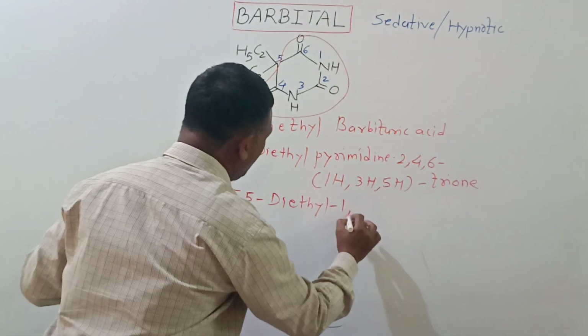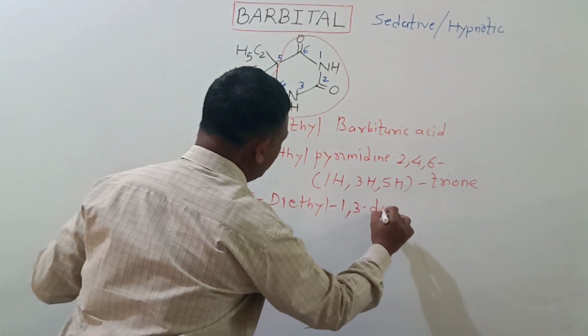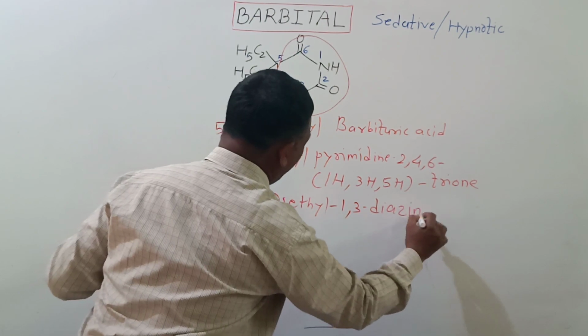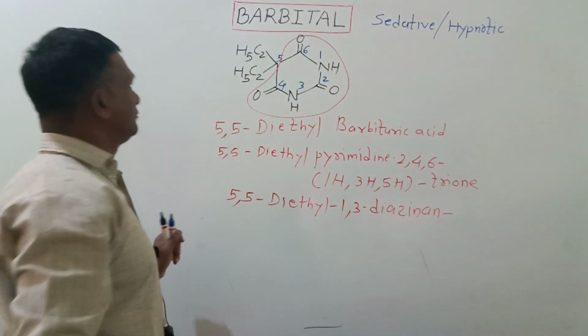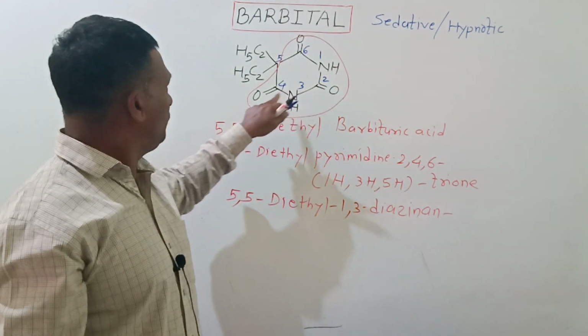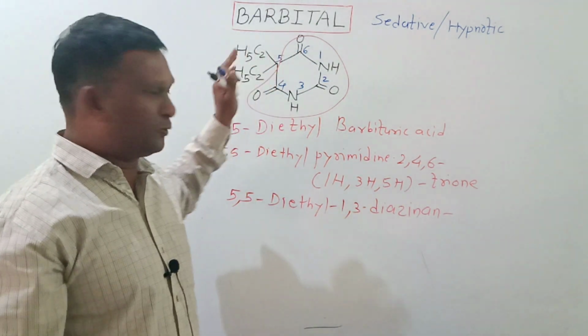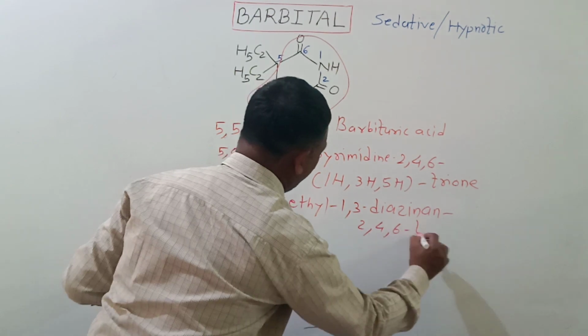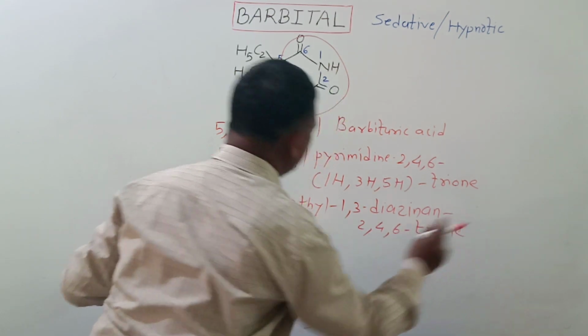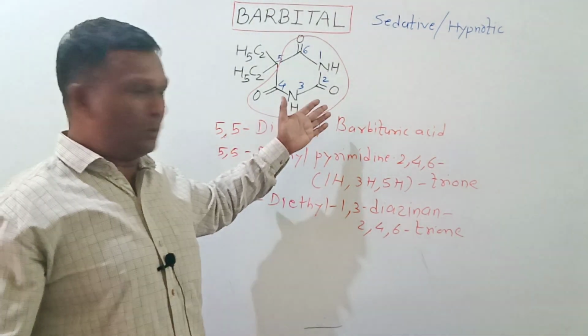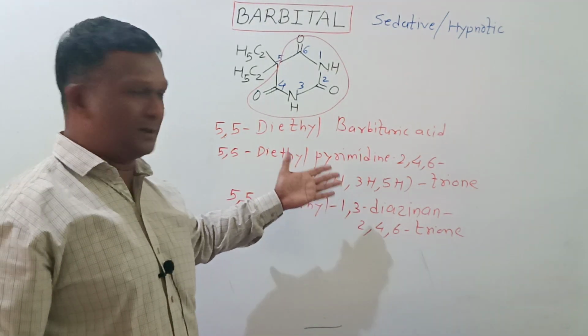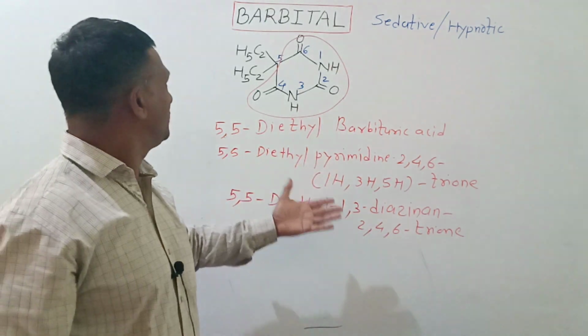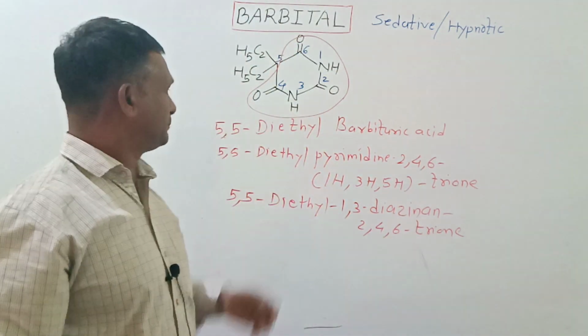So we call it 1,3-diazinane. On positions 2, 4 and 6 there are 3 oxo groups. So simply it is 2,4,6-trione. So all these names are the IUPAC names for barbital.